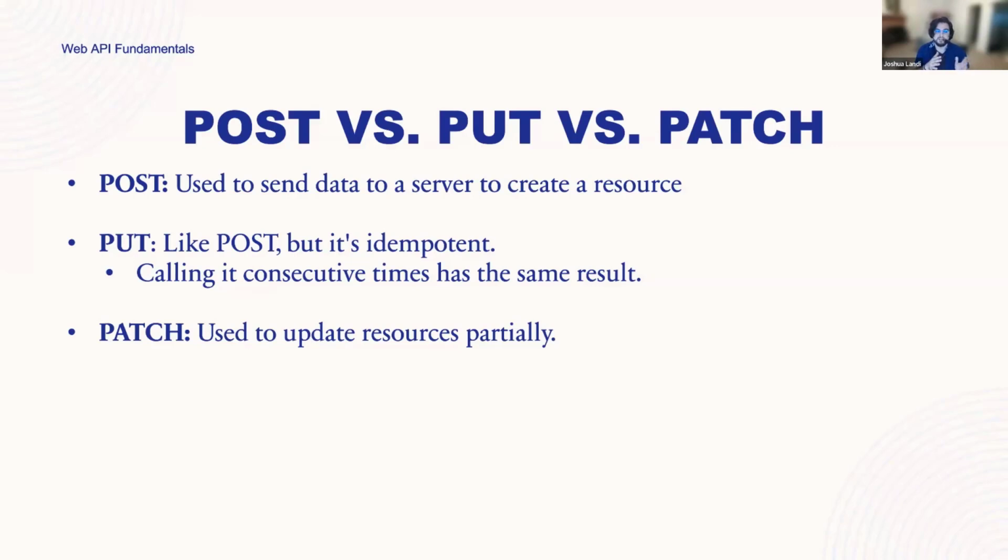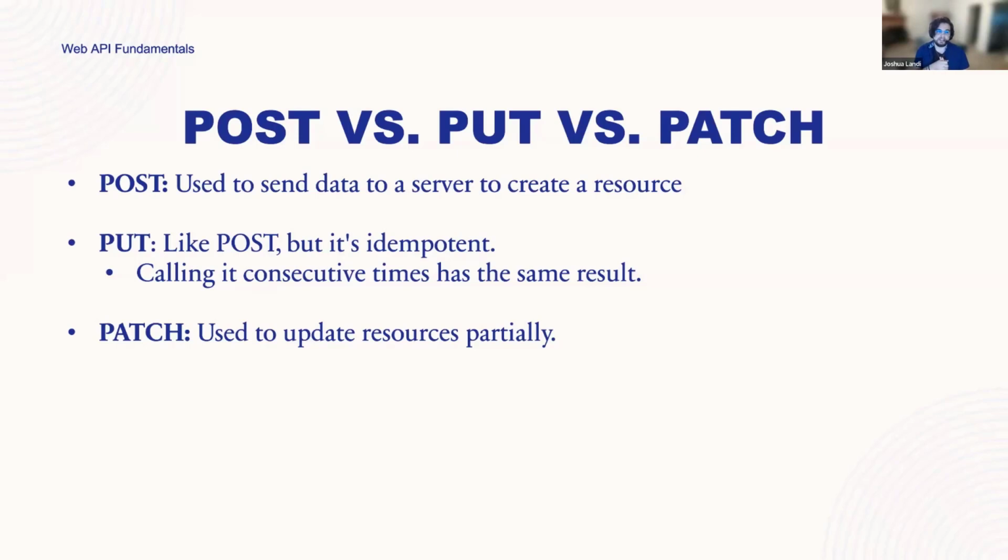Whereas a put is similar to post, but it's called idempotent, so every time it creates the same result. So you might use a put request to update a post. The post already exists, so you would specify an ID when you make that request that ties to the existing post. You would pass in the updated data, and it would not create a new post. It would just update the post that already exists on your profile.